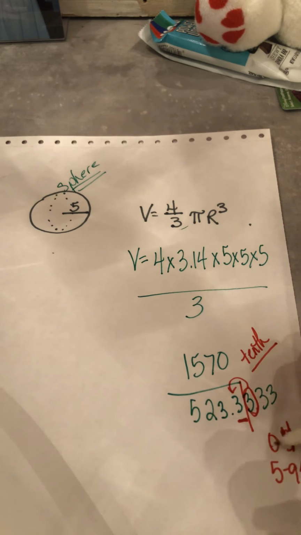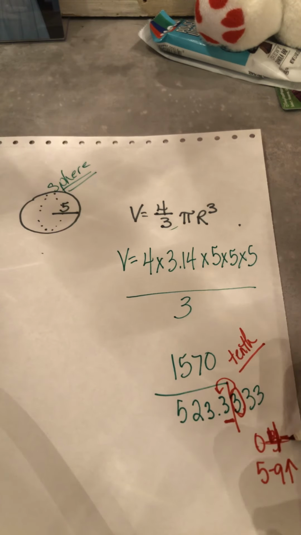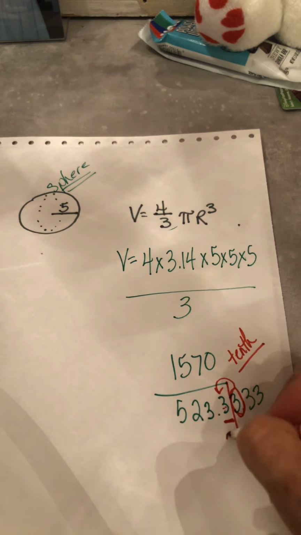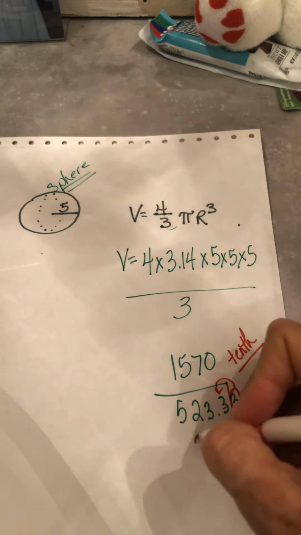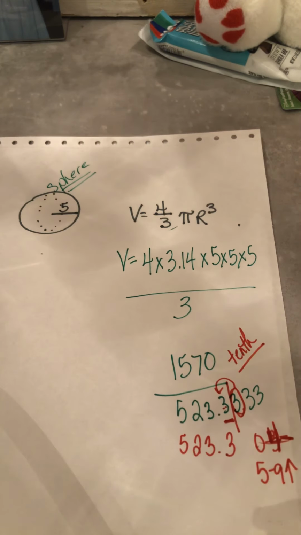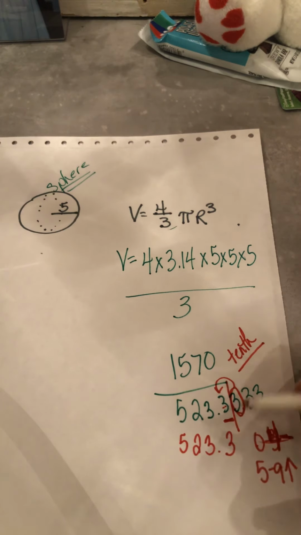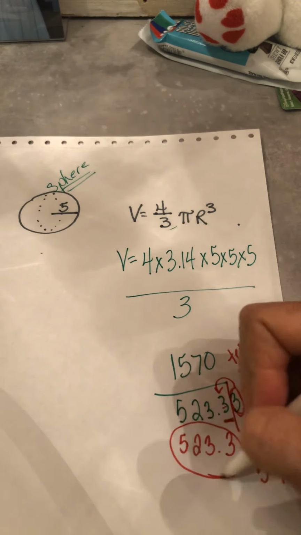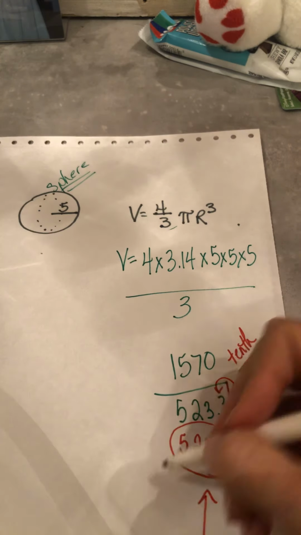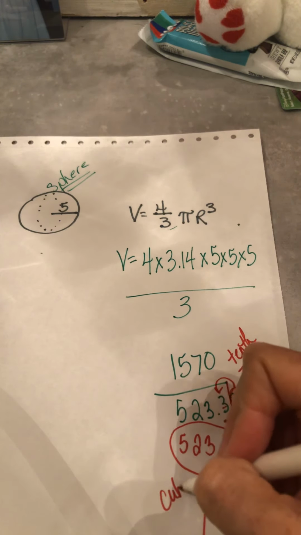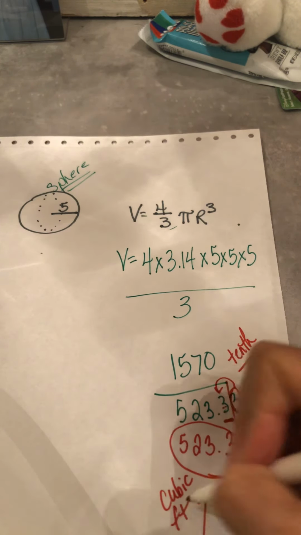Well, it falls in this category, 0 through 4. Leave it alone. So I leave this guy alone. Everything else stays the same. I don't need to write 0, 0, 0. The whole idea of rounding is to kind of shrink my answer, make it easier to work with. So this is my answer, and then because it's volume, of course, we're going to put cubic feet.